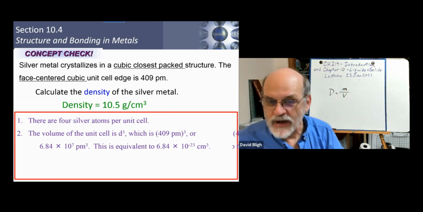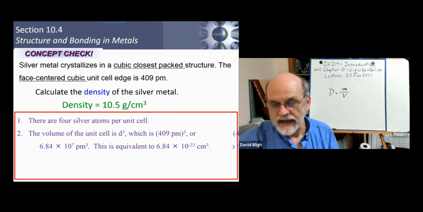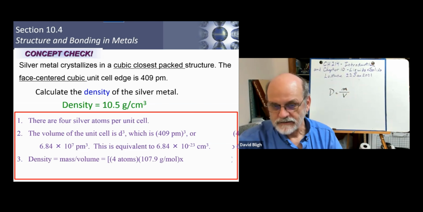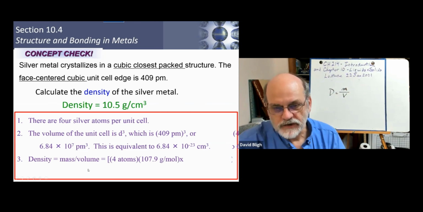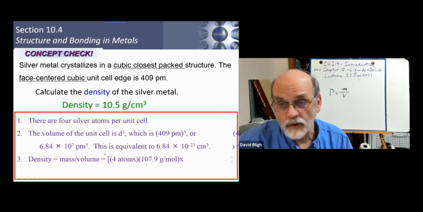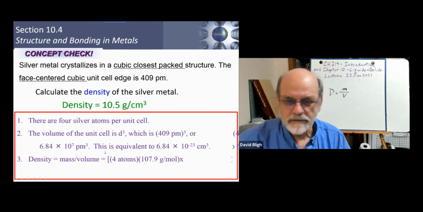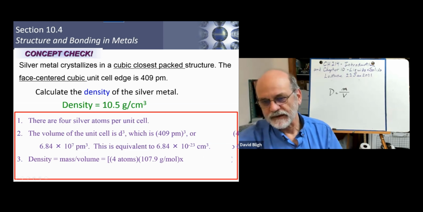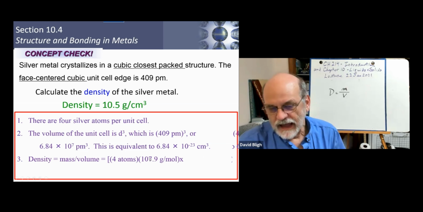Well, we know that there are 2 atoms in there, and we know the molar mass of silver, so we can use that to determine, let's see, face-centered cubic. Oh, I misspoke again. I was thinking body-centered. There are 4 atoms in a face-centered cube. And this is the molar mass of silver.